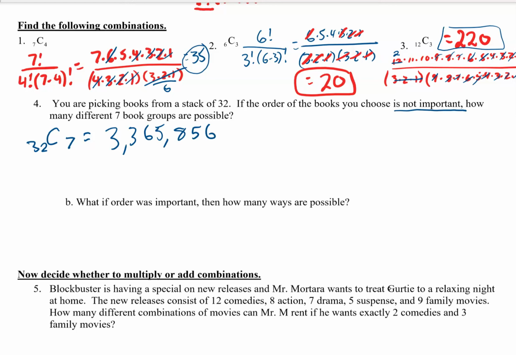If order is important, then we're using a permutation. 32 permutate 7. Well, what are we really going to do here? We're not going to divide by that 7 factorial. We're only going to divide by 32 minus 7 factorial. So there should be 7 times 6 times 5 times 4 times 3 times 2 times 1 times more options. So we'll put that in the calculator.